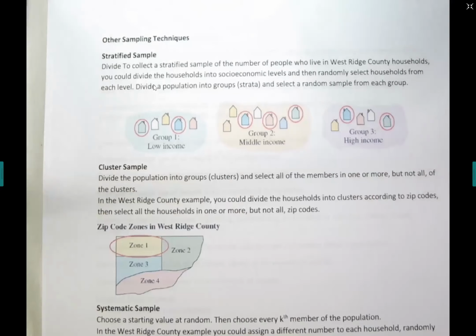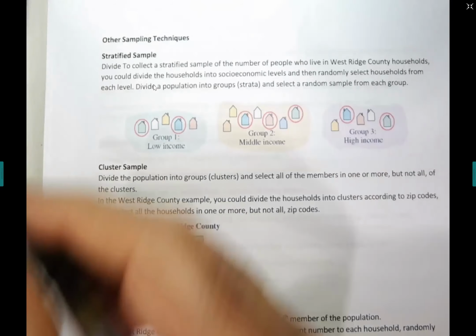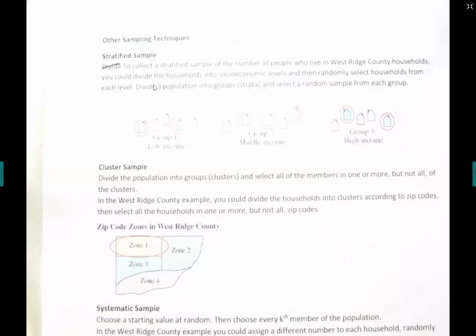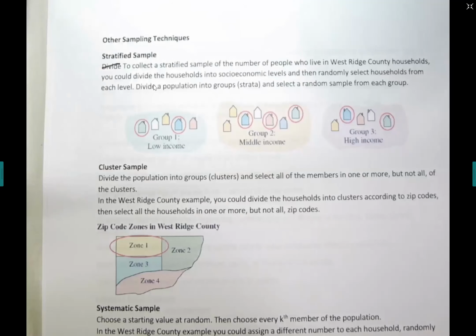You represented all socioeconomic levels in the community. You didn't leave anyone out. So this is one way to do sampling, and this is called the stratified sample. So in other words, guys, stratified samples divide your population into groups, subgroups, which are called strata, and then pick from each group and put them together to make your sample. This is what stratified is.